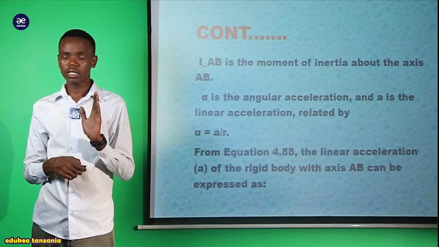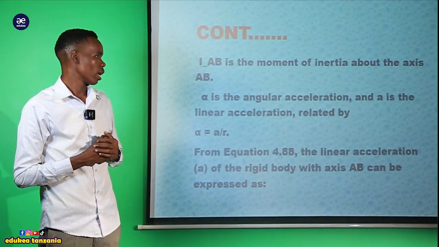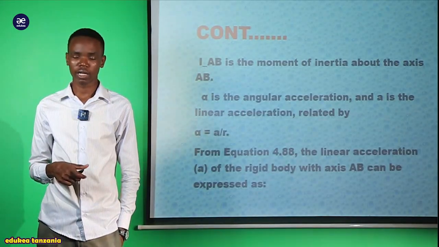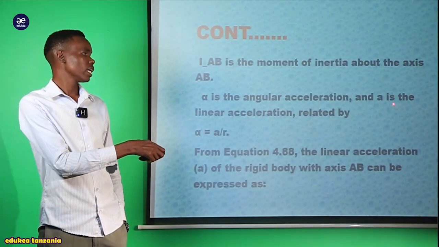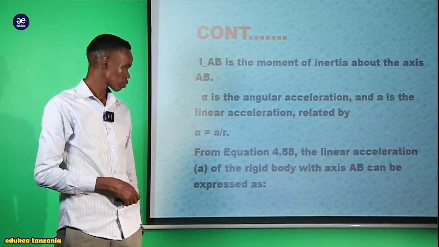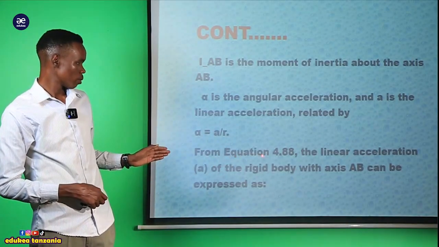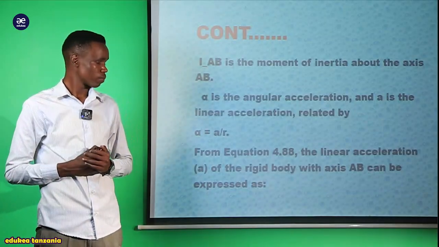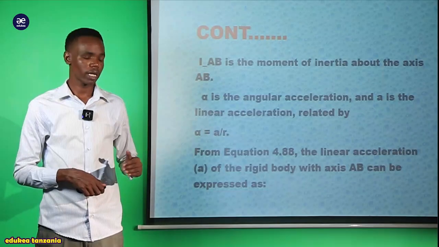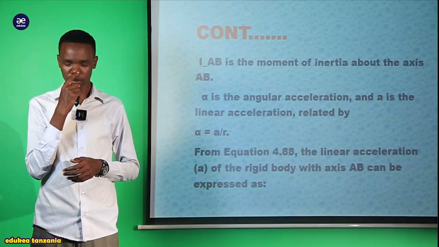Alpha here stands for the angular acceleration of the rigid body, while a here represents the linear acceleration, my dear students. So from equation number 88 for our fourth topic, the linear acceleration of the rigid body along the axis AB can be expressed as this one.